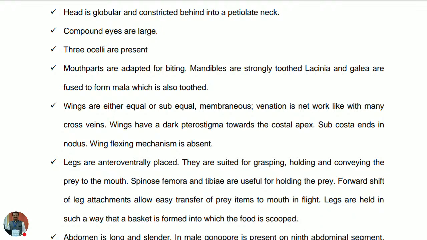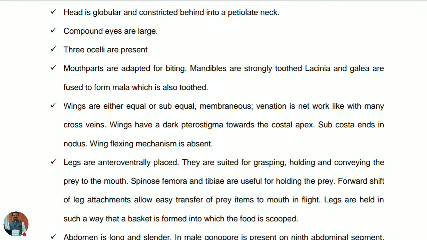The wing flexing mechanism is absent, as in the case of other insects. In other insects the wings are folded and flexed, and they can be utilized, maybe as we have seen in case of tegmina type of wings in case of cockroaches.